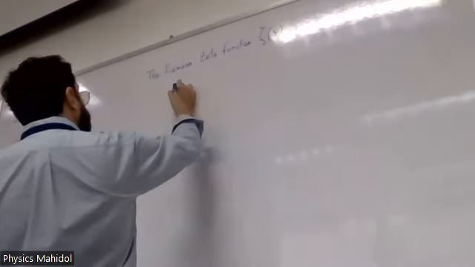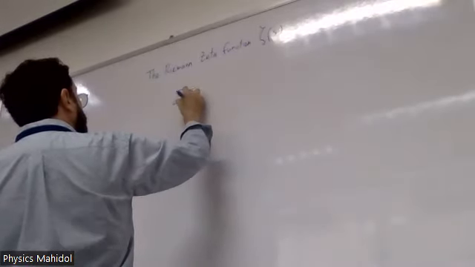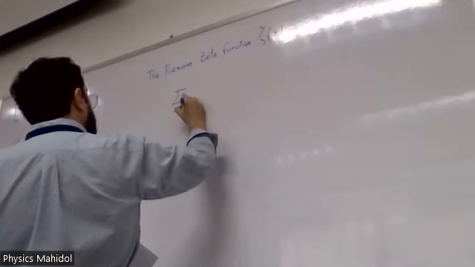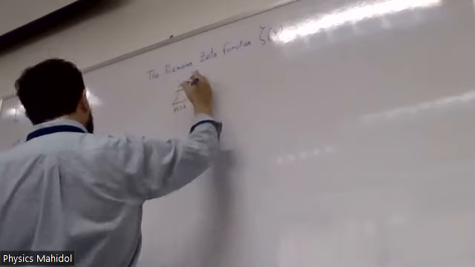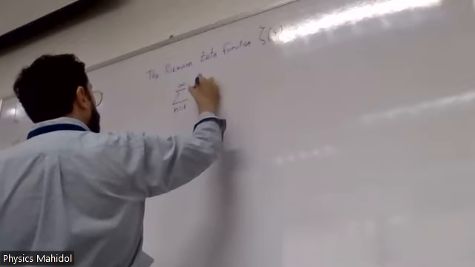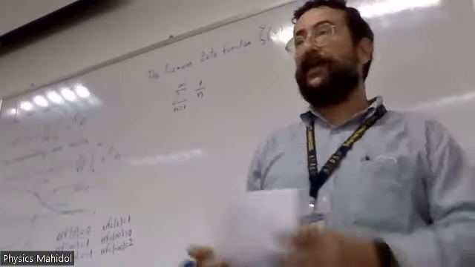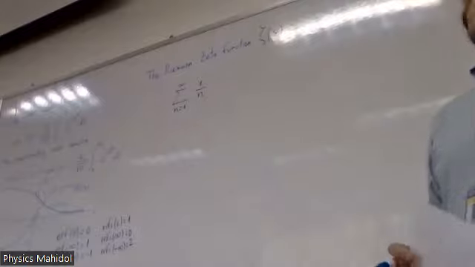So remember that I told you that the sum from n equal 1 to infinity of 1 over n diverges, right? I told you several times, but it's an interesting mathematical thing.